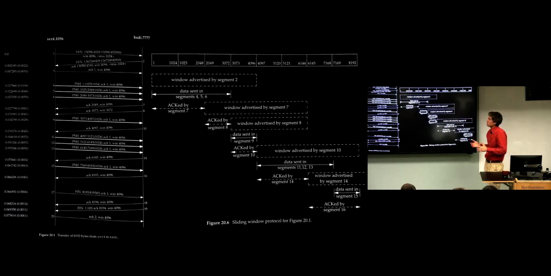Well, the TCP participants track sequence numbers in both directions, but in different ways. So you have to know what sequence number you should use for your next outbound data, and that depends on what acknowledgement you previously received.